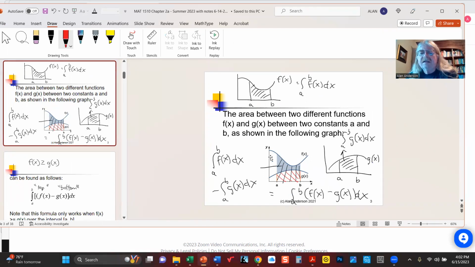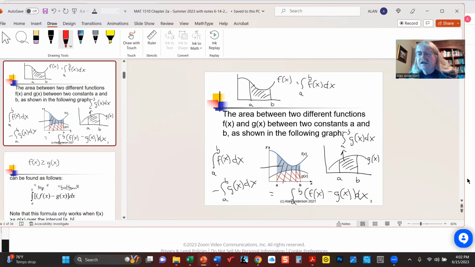So the way to think about this is that f of x, the blue line here, if you were to look at its area down to the x-axis, well, we know already from the fundamental theorem of calculus that what you have to do here to come up with this area is take the definite integral over the interval a to b. And if you look over here on the bottom right, g is a curve.